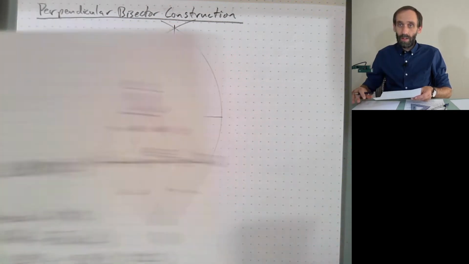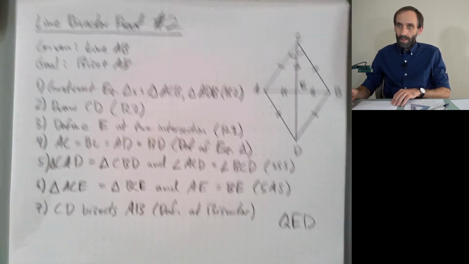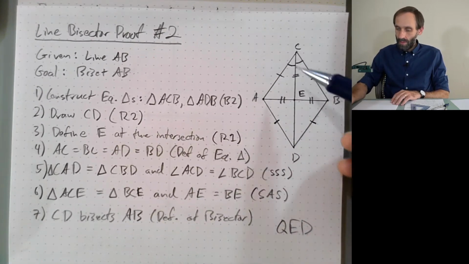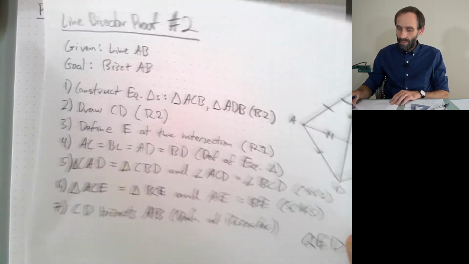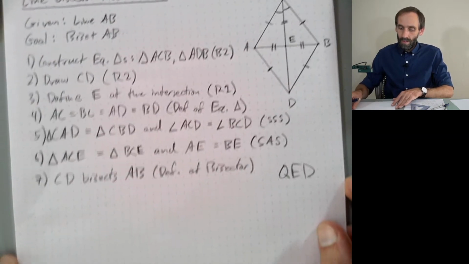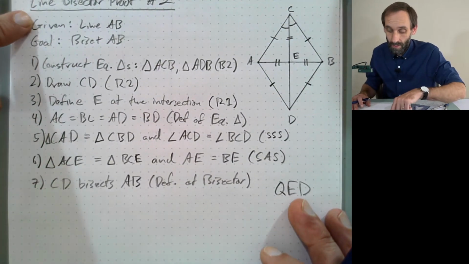So we'll use the same diagram, but I'll add a new given and a new goal. If you recall from the previous lesson, we had the line AB, and we proved that CD bisected AB. Now we need to just add a couple steps. So we're still given the line AB. I'm just going to add a different goal.